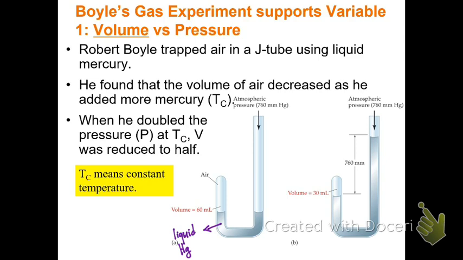If the level of liquid mercury is the same on both sides of the J tube, then the pressure of the trapped air right here is equal to the pressure of the atmosphere. Because the pressure of the atmosphere is 760 millimeters of mercury, the pressure of the trapped air here is also 760 millimeters of mercury.